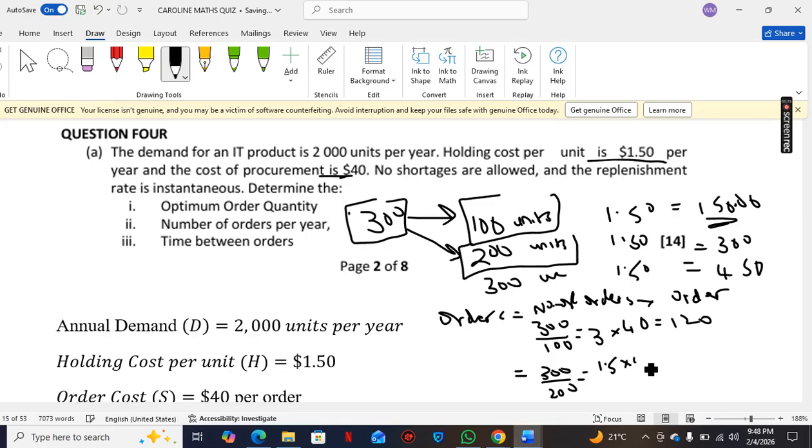But let's use 1.5 for this case so that I show you that the order cost is reducing. The bigger the quantity we order, our order cost will be reducing because the number of orders are also reducing. So 1.5 times 40, the order cost for that will be $60.